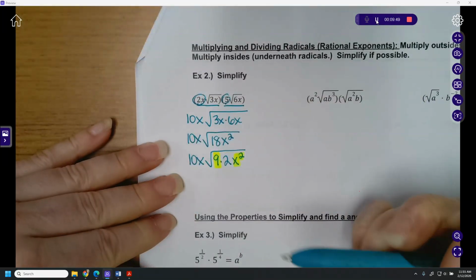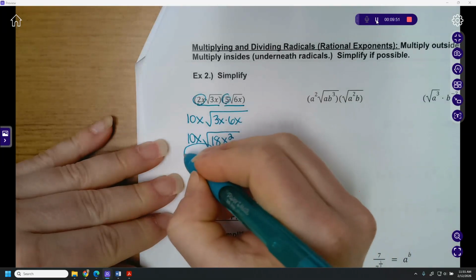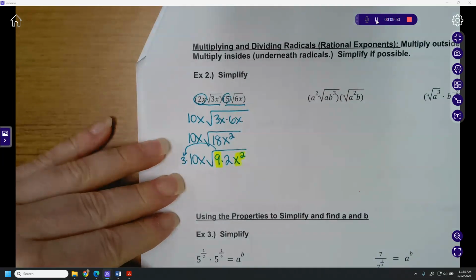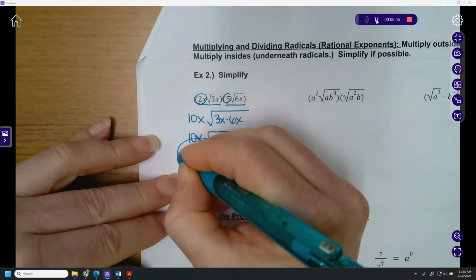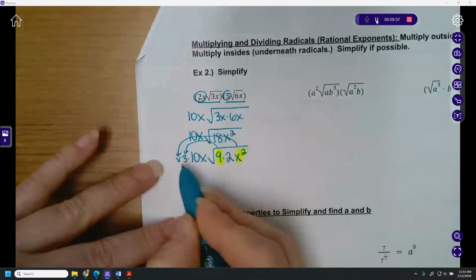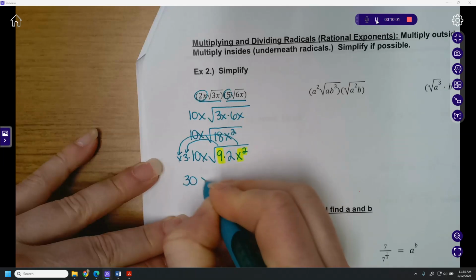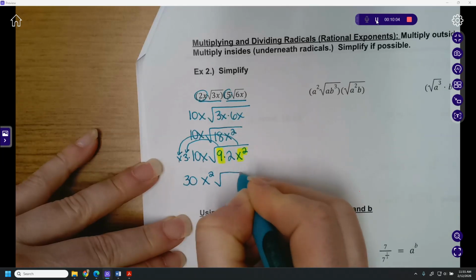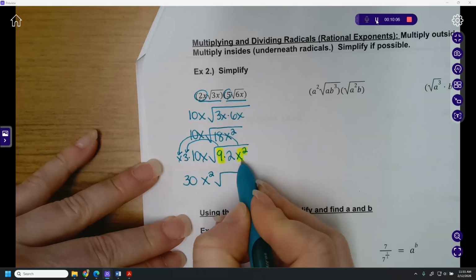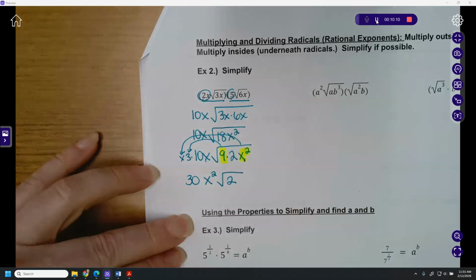The square root of 9 is 3. So now that's going to be 3 times 10. And the square root of x squared is x. I can multiply that x by this x here. So this gives me on the outside 30x squared. Since these two came out of the square root, the only thing underneath the square root is the square root of 2.